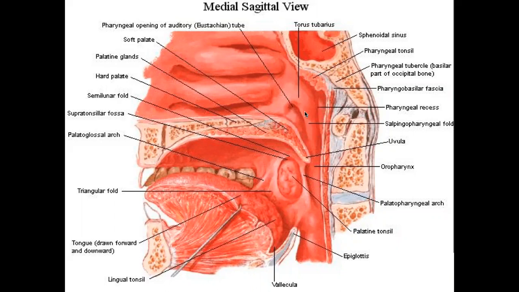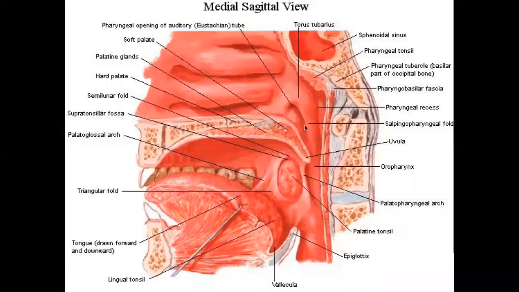What is it called? The salpingopharyngeal fold. Salpinx refers to the auditory tube. The fold of mucous membrane which is coming from the auditory tube into the pharynx is called the salpingopharyngeal fold. There is a small muscle present inside, which is called salpingopharyngeus.